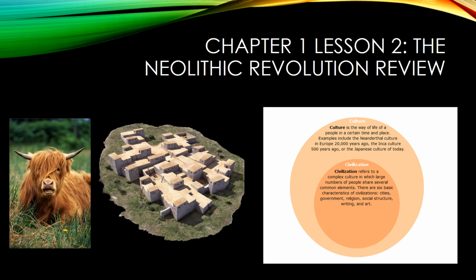And finally, we took a look at the differences in culture and civilization. Civilization is a smaller entity, a smaller niche with 6 markers, and you need to know these 6 basic characteristics of civilization. A civilization is a smaller entity within a larger cultural group. That brings us to the end of Lesson 2, the Neolithic Revolution.